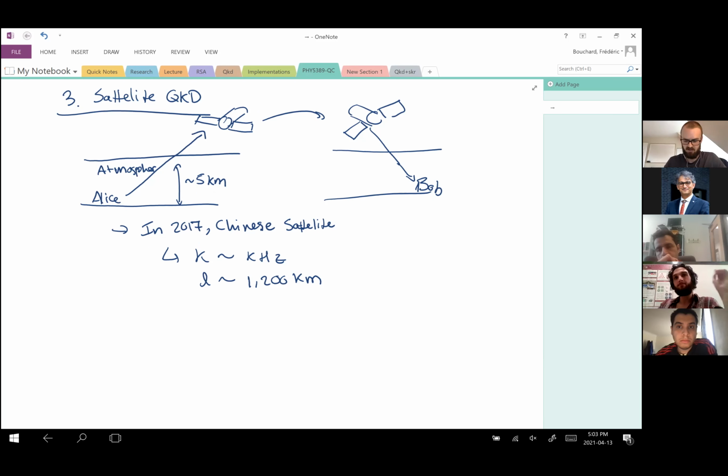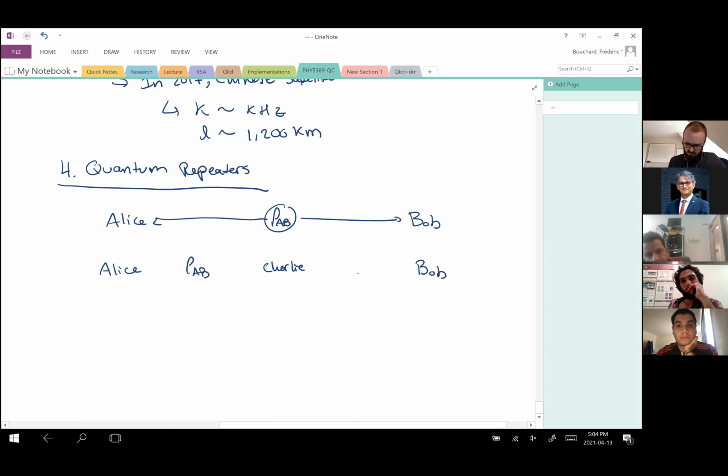The trick would be to split your total distance into smaller distances. So you would have something like, you can call someone Charlie, rho AB, rho AB. So you need more photons, but in the end, the distance the photons are going through is getting smaller and smaller. And what Charlie needs to do is something called a Bell state measurement.